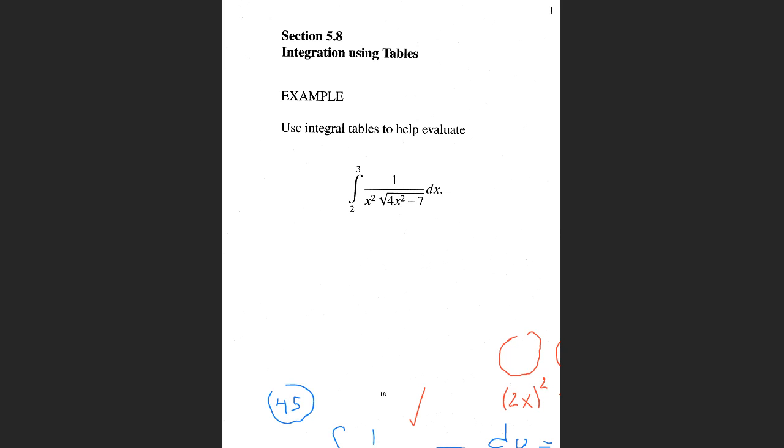You'd have 4x squared minus 7 is equal to the square root of 4 times, hold on here, one moment.